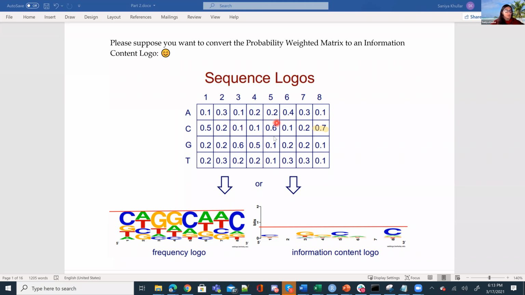If we know that one is much higher, like 60%, then that gives us more predictive power in a way. And that's why we have more information in position 5, but here in position 8, we really know it's a C, so that gives us even higher information content. So if we definitely know it's one base or the other, then that gives us more predictive power. So we want to always compare with the baseline and see, can we really come up with conclusive results?